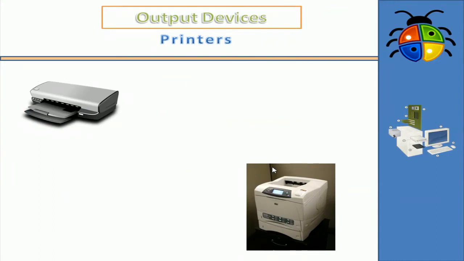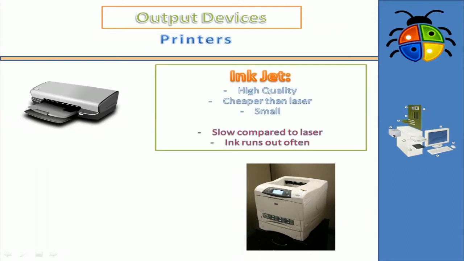Okay, the next ones we have to look at are printers. There are three types of printer that we have to be able to compare. The first of these is probably the one you're very familiar with, an inkjet printer. These literally shoot ink onto pieces of paper.